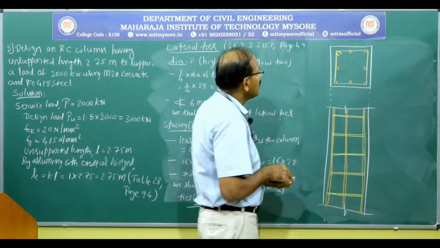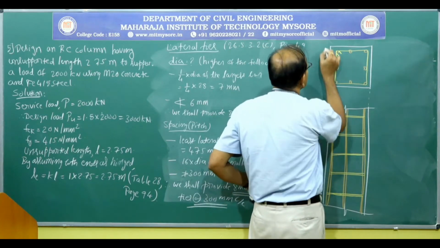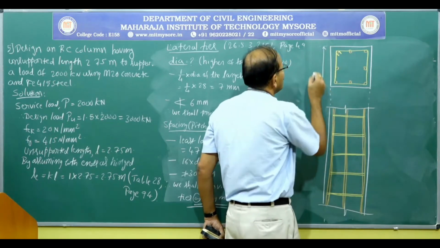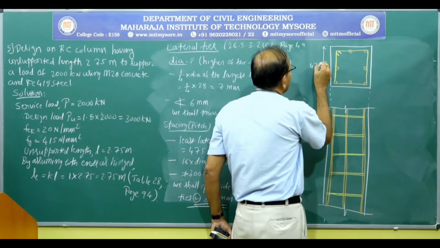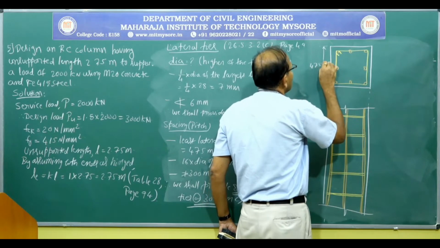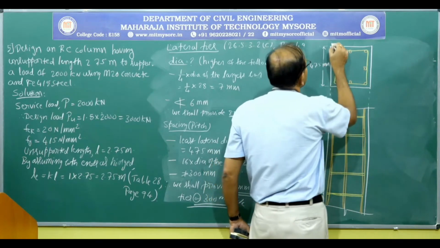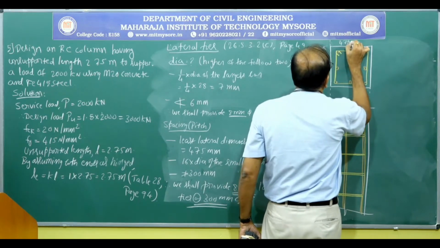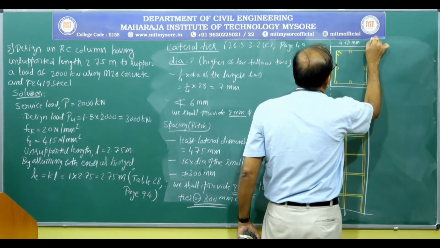The dimensions of the column are 475 millimeter by 475 millimeter.